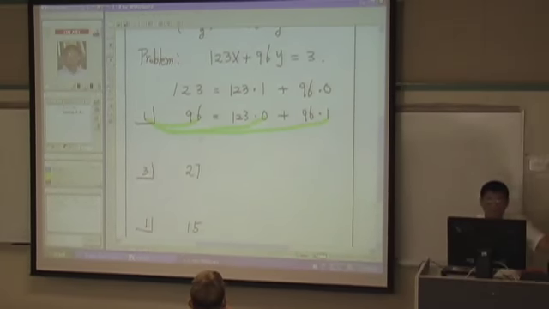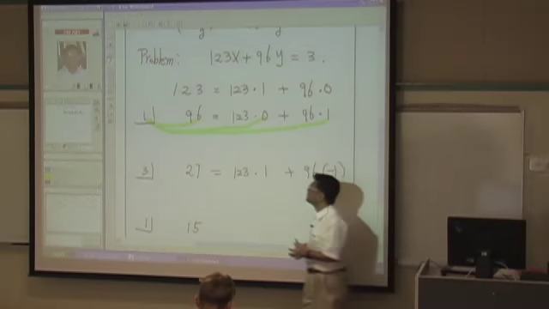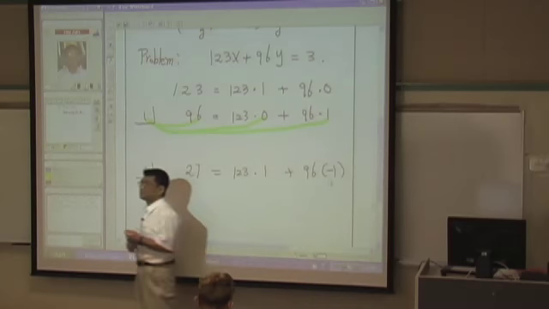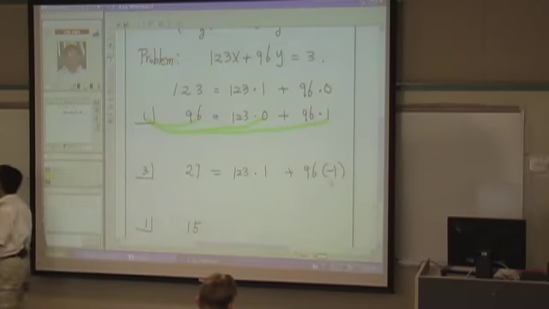Then this subtraction gives us 27. This subtraction gives us 123 multiplied by 1. And then this subtraction gives 96 multiplied by negative 1. If you don't understand, ask me.